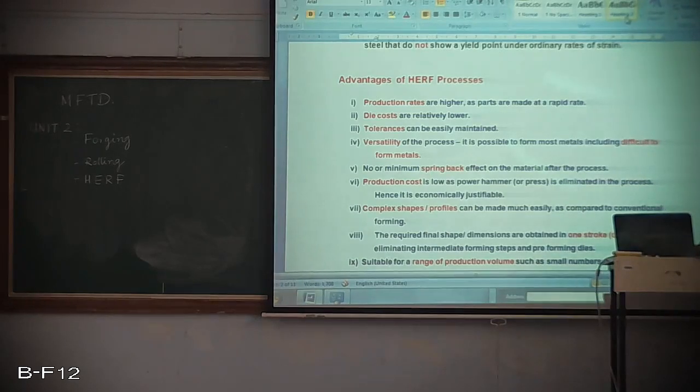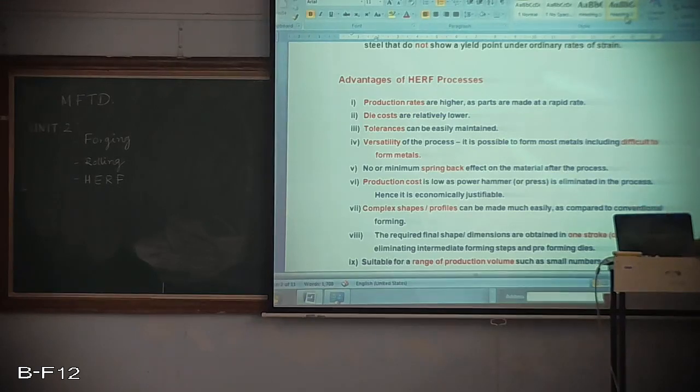The finish and tolerances can be easily achieved, and it is a versatile principle of metal forming, even to form difficult-to-form metals such as titanium and tungsten alloys, with very minimum or negligible springback effect. Production cost is relatively lower, and complex shapes can be easily obtained in one stroke or one step, and thus eliminate intermediate deformation steps.